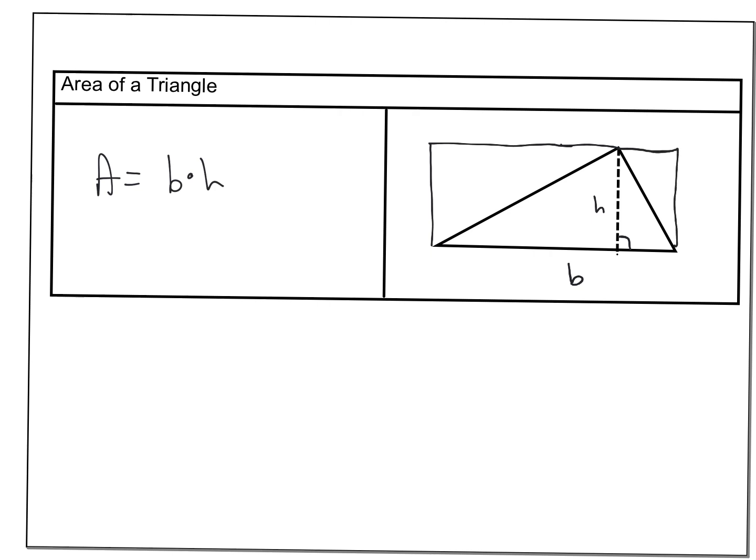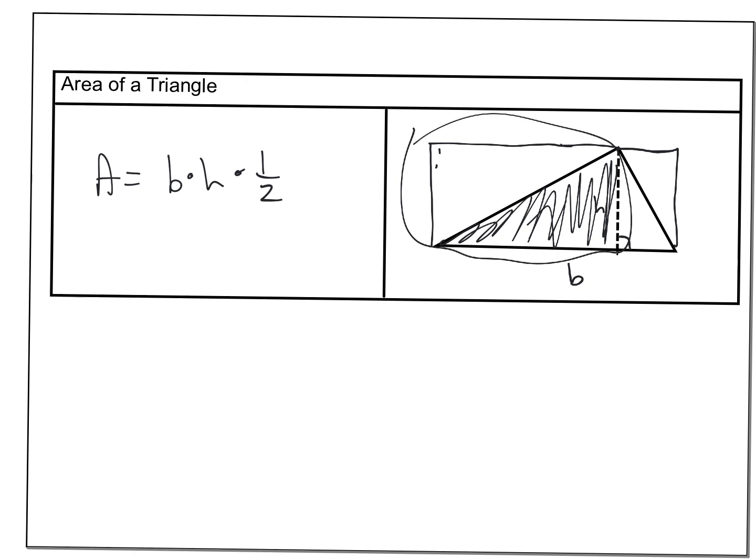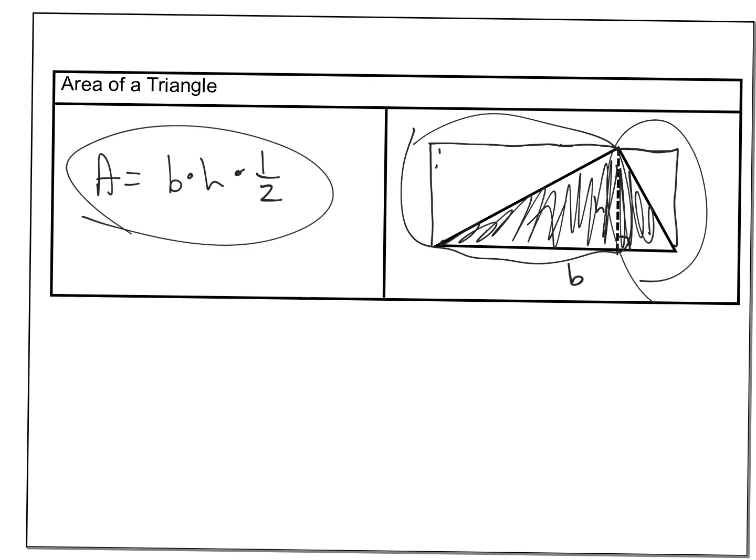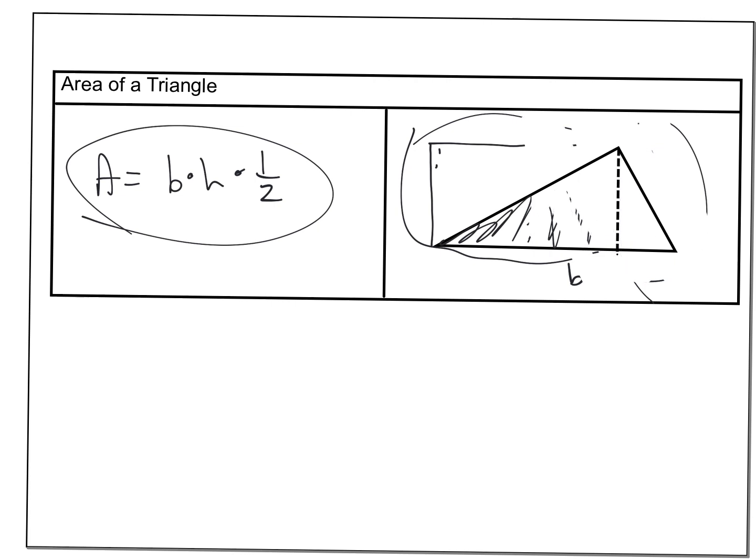Then what I end up doing is taking half, because if you look, the triangle ends up being half of this parallelogram, and the triangle ends up being half of this parallelogram. So it ends up being just 1/2 of whatever the parallelogram would be. That would correlate to my triangle.